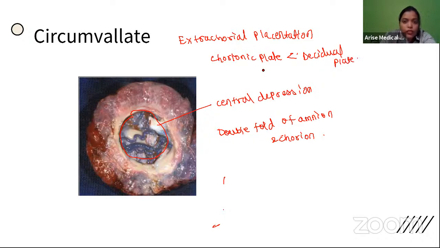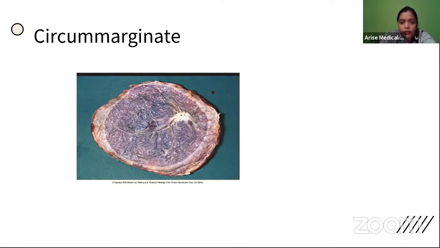So they have the risk of antepartum hemorrhage and preterm labor. This is circummarginate. In circummarginate you will have a single fold of amnion and chorion.